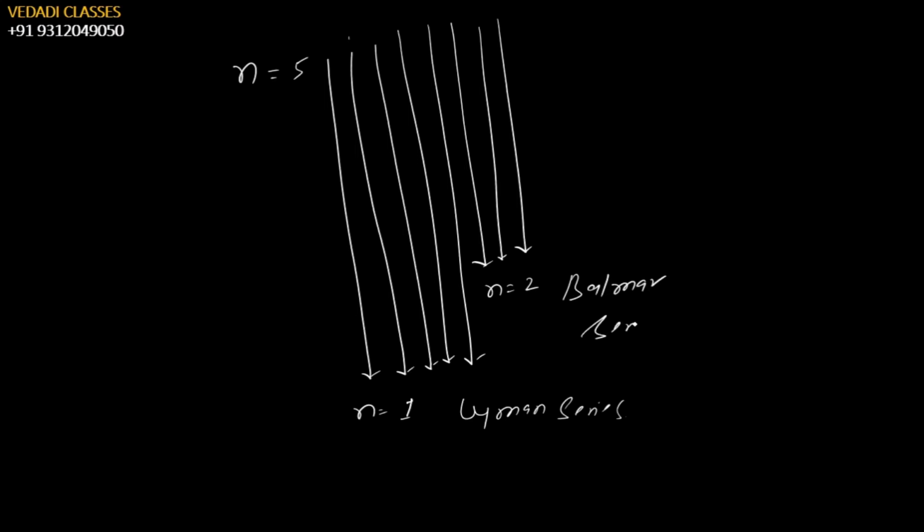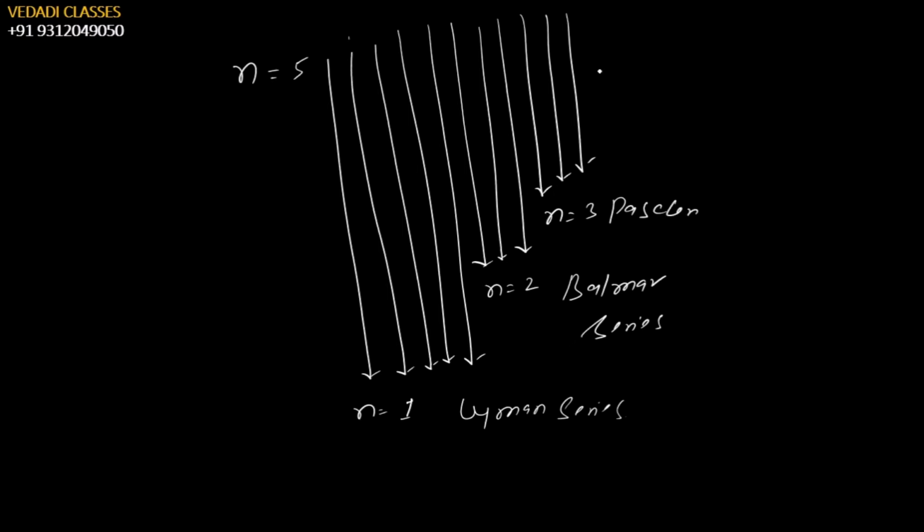Then for n equal to 3 it is the Paschen series, then n equal to 4 is the Brackett series, and n equal to 5 is the Pfund series. So these 5 series are formed.